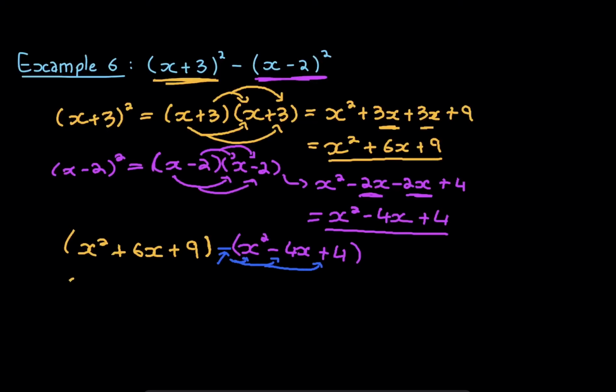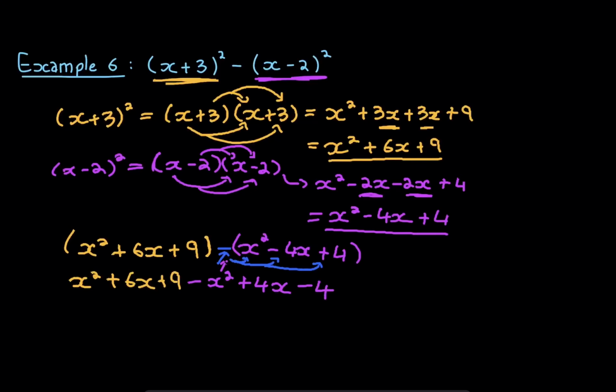We get x squared plus 6x plus 9. This negative times x squared will give you negative x squared. Negative times -4x will give you positive 4x. Then the negative times the plus 4 will give you a negative 4.